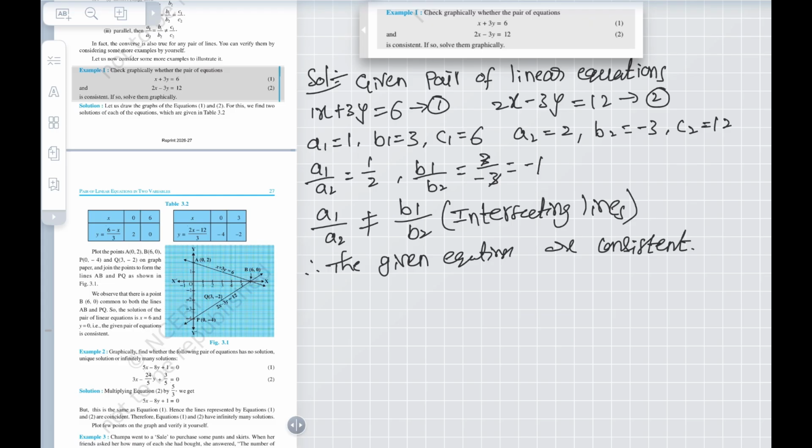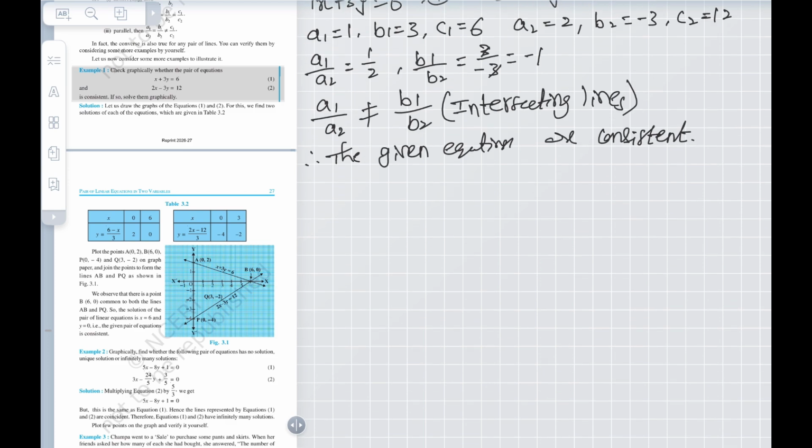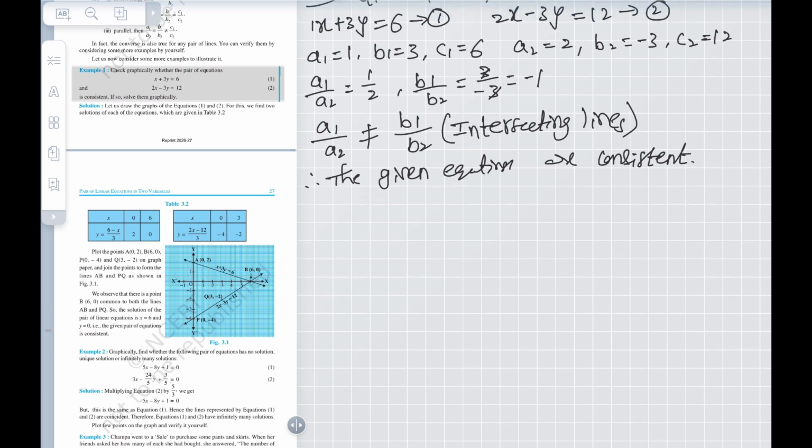To draw the graph, you need to find a minimum of 2 points for equation 1 and equation 2. So find the points. Equation 1, x + 3y = 6.